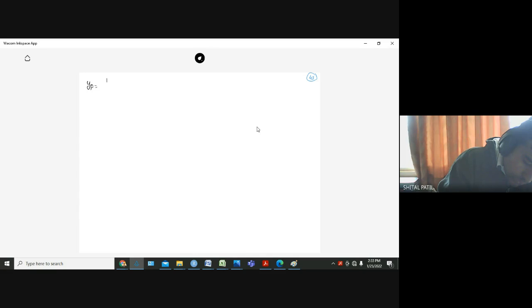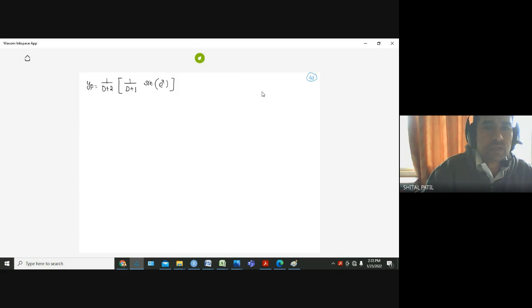Y of P equal to 1 upon D plus 2 as it is, 1 upon D plus 1 to be operated on sine of e raised to x. Let me mention the formula. So, using, yes, what is the formula? Plus m converted into minus m. I'm using the same formula in this way.